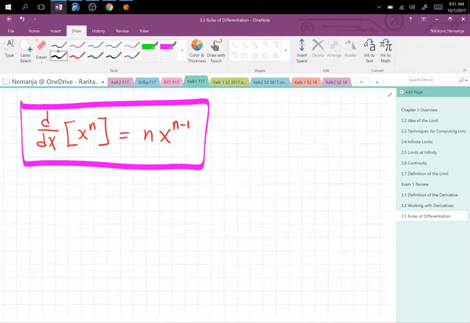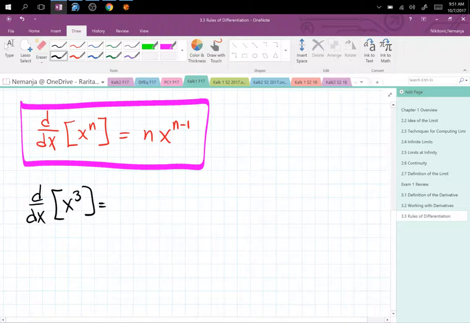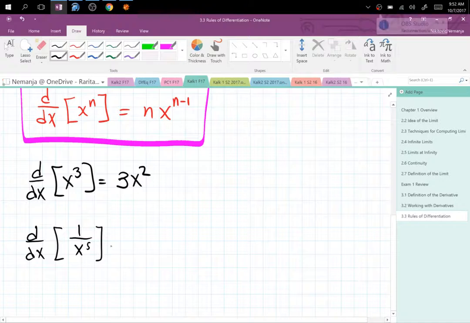Square root of x is on the pile. 10th root of x is on the pile. But also 1 over x to the 5 is on the pile, along with x to the 7 and all the other ones. So what's the derivative of x cubed? What's the derivative of x cubed? 3. What's the first step?